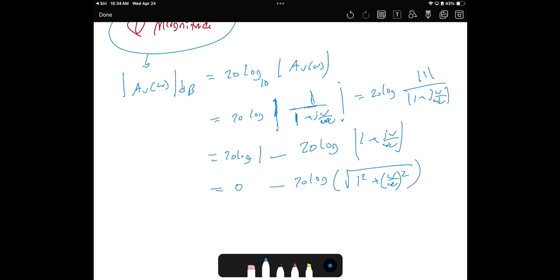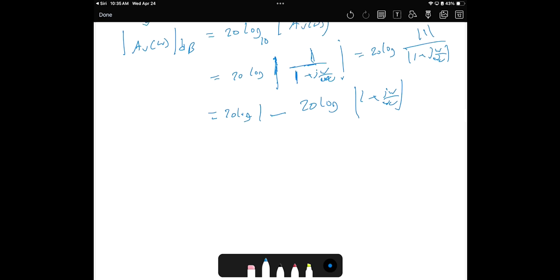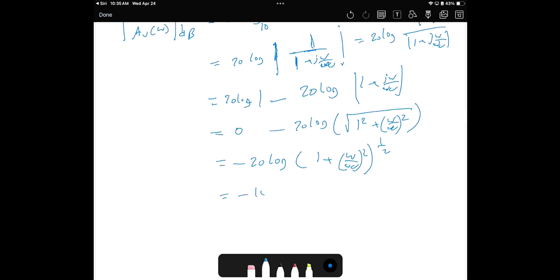Then, since you have this, you can say it is negative 20 log of 1 squared, which is 1, plus omega over omega c, all of it squared, all of it to the power 1/2. So the 1/2 can be moved to the other side. So it will be negative 10 log of 1 plus omega over omega c, all of it squared.